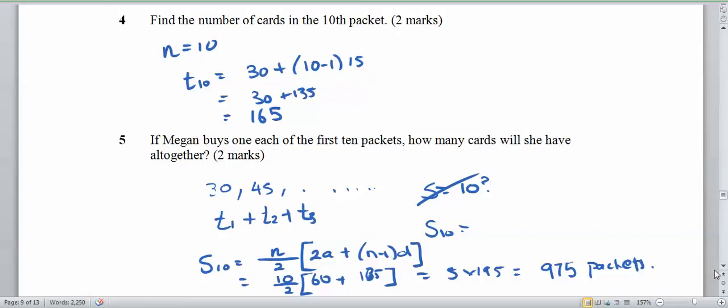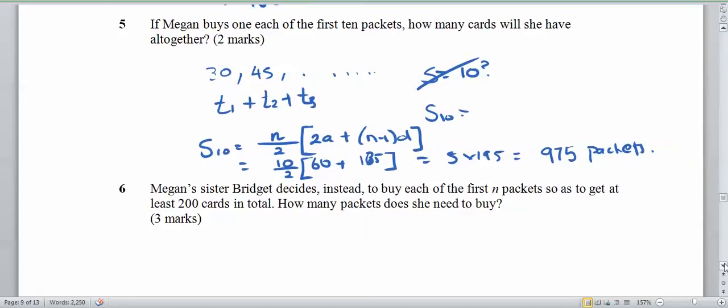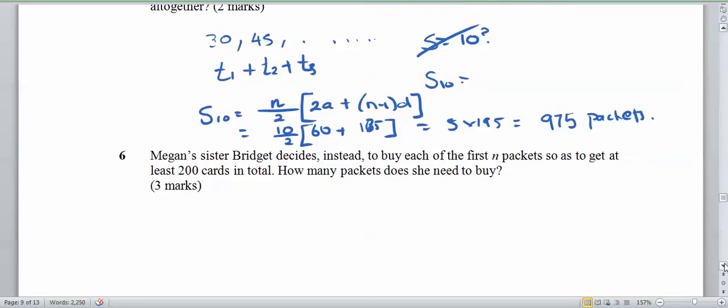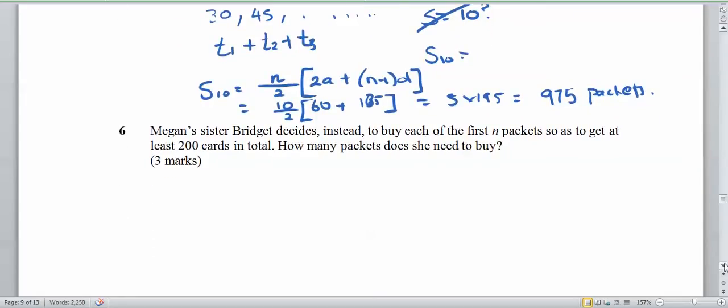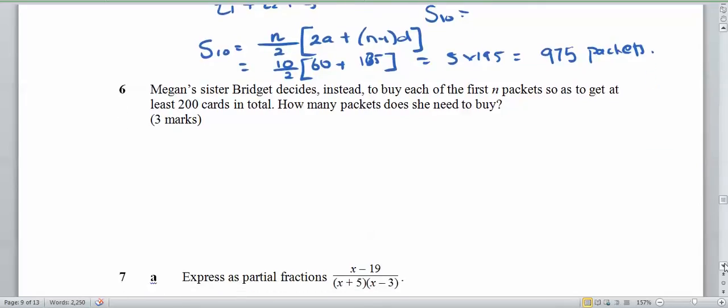Okay, let's have a look and see what else we've got there. Megan's sister Bridget decides instead to buy each of the first N packets, so as to get at least 200 cards in total. How many packets does she need to buy?